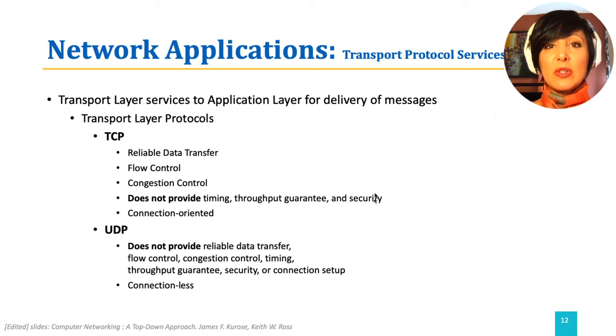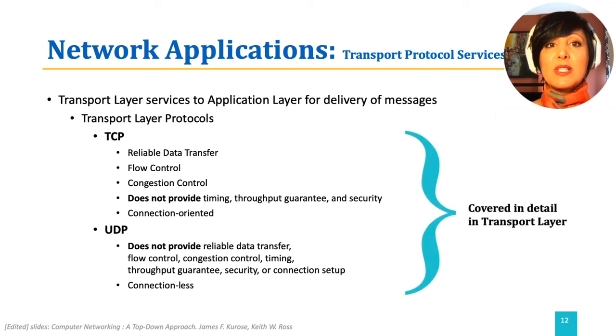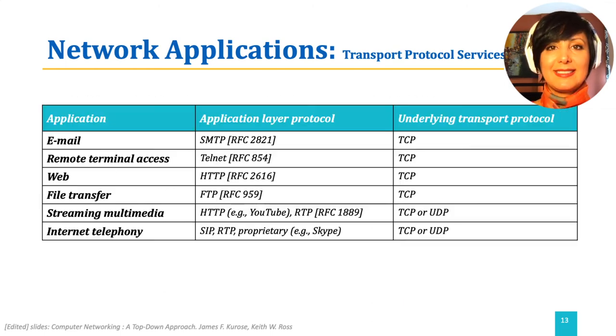Please keep these general concepts in mind for socket programming, but we will discuss the details in the transport layer discussions. Based on these discussions, the table summarizes the preferred transport layer protocols for each of the discussed applications. Since reliable data transfer is important for applications like email, remote terminal access, web, and file transfer, TCP is used for their transport layer.